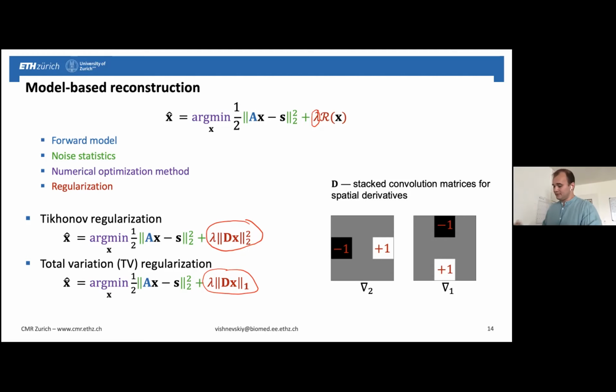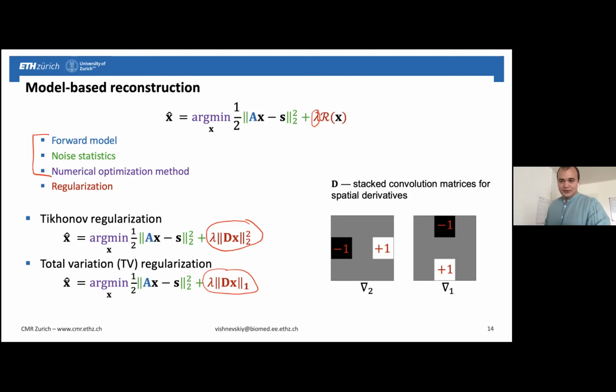Usually the first three points are fixed. So we know something about acquisition, and usually in model-based reconstruction, if we can solve the optimization problem properly, we don't really care what method achieves the solution, because if the problem is convex, the solution is unique.